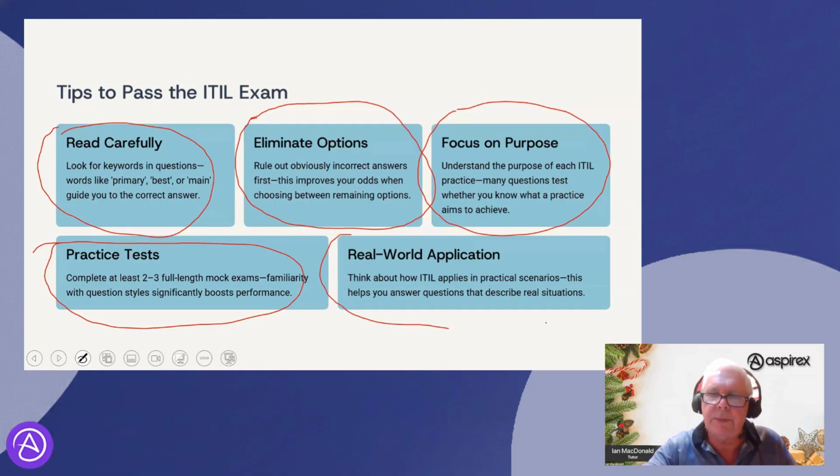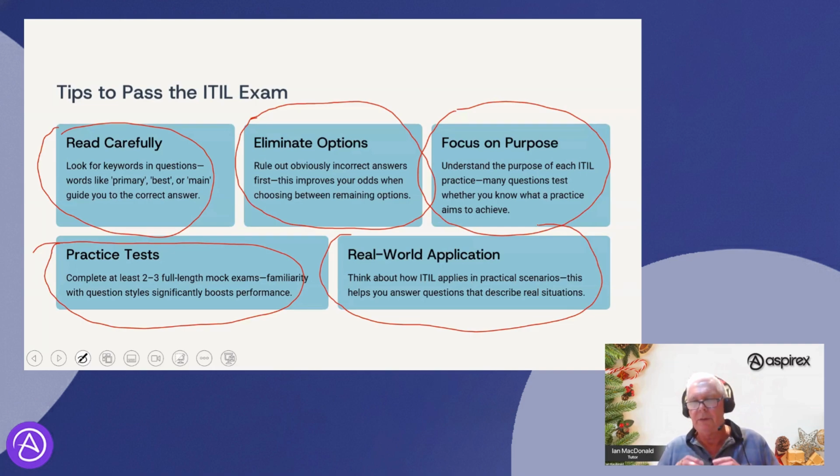Okay. And then real world application. Well, the way I would pitch this is when you've read the question, you've mentally sort of underlined some of the key words, you've got a real good understanding of the question and maybe the issue that it's presenting, when you select your answer, pass it back against the question.